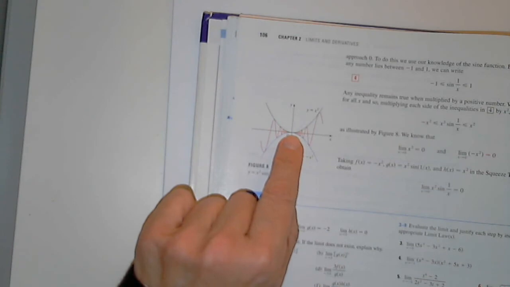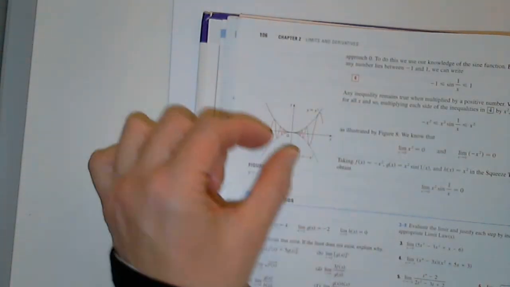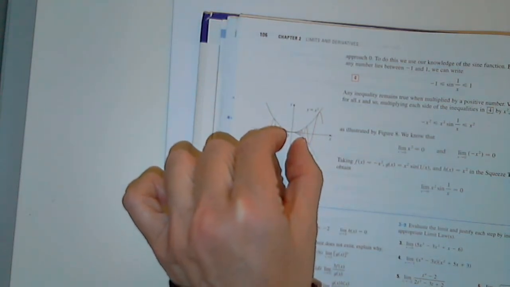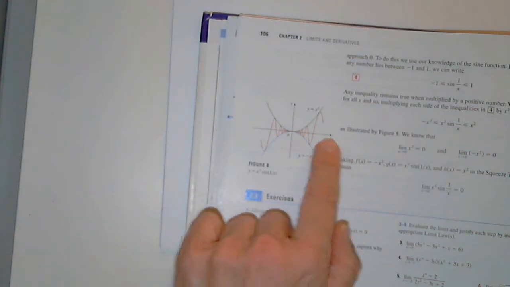We say that the red function is squeezed or sandwiched between the blue and the green near 0. I don't know what this red function can do elsewhere. I don't care. But near this value, in the vicinity of 0, the red function is squeezed or sandwiched between the green and the blue. Okay, so there are certain conditions and hypotheses here.